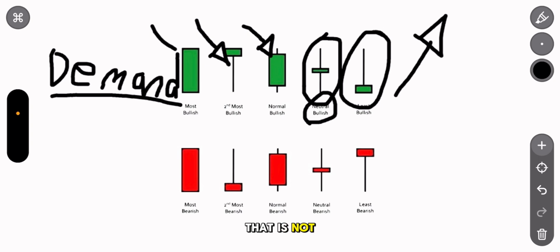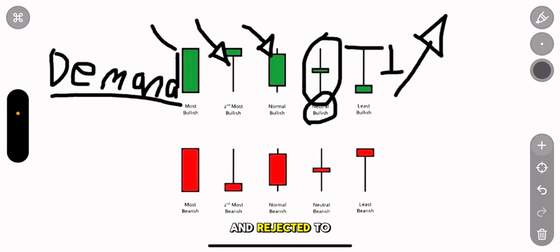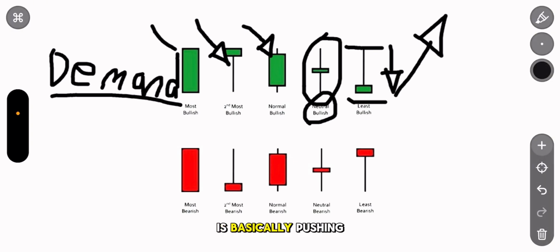That is not a good sign, because right now it's telling you that price came up and rejected to go up, and its momentum is basically pushing price down. That's why it closed down here, right?